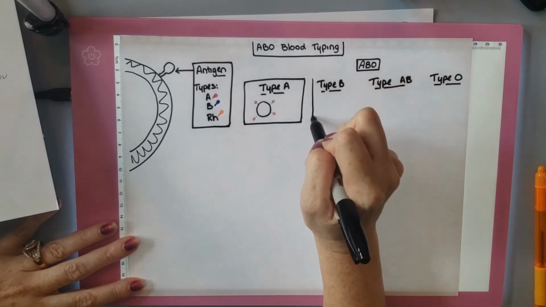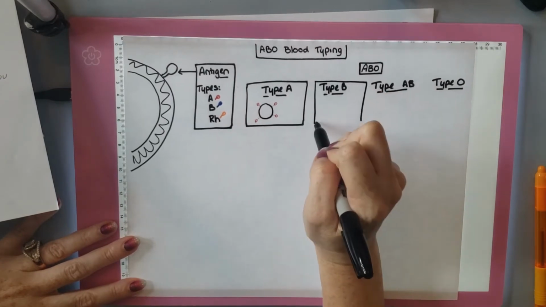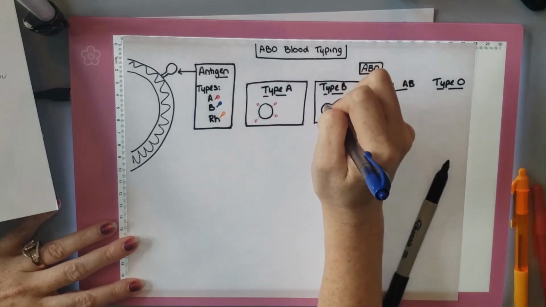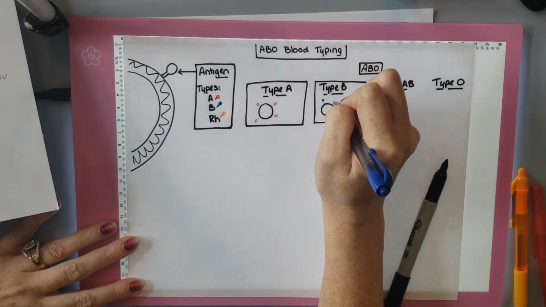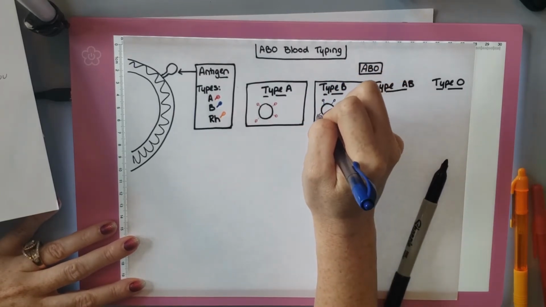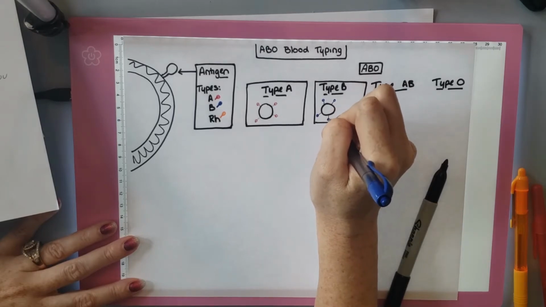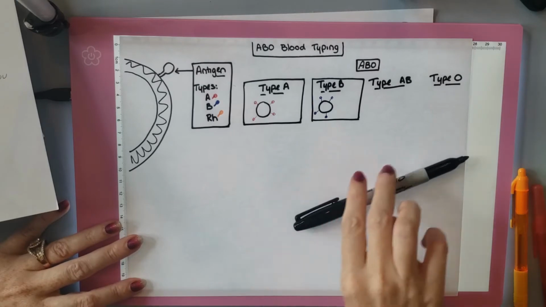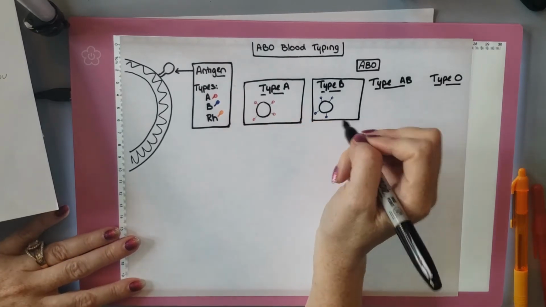Type B, you see where I'm going with this, would look like this. Right now you're thinking this is not hard. I know. Again, with B antigens. All right, so this has A antigens, this has B antigens.